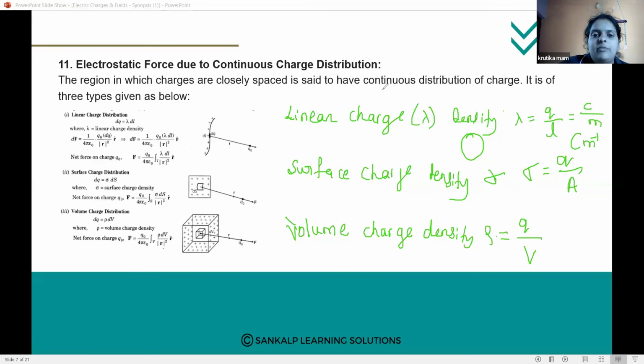Tell me for the surface charge density. It is coulomb per meter square. Similarly, for volume charge density, coulomb per meter cube. Yes, agree?